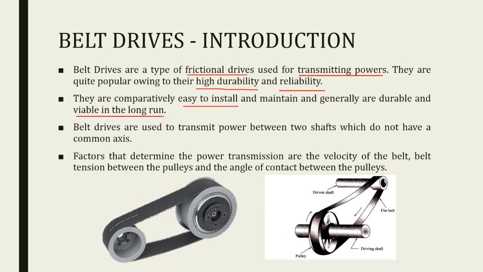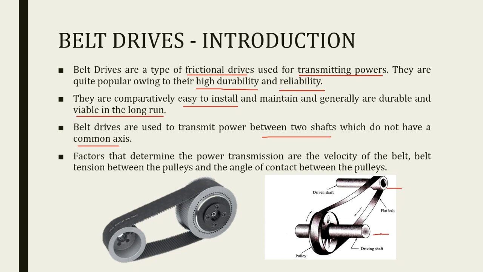When you compare belt drives to the other drive systems, these are the parameters on which you can rate the belt drives higher than the others. Belt drives are used to transmit power between two shafts which do not have a common axis. You can see here, one is a driving shaft, the other one is a driven shaft. The two shafts have a different axis.